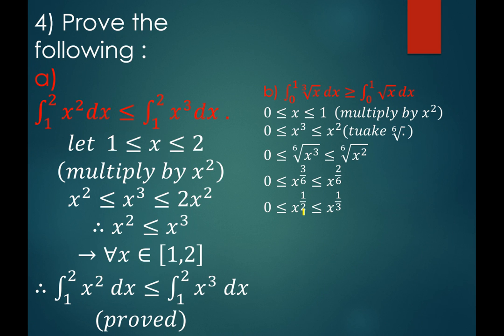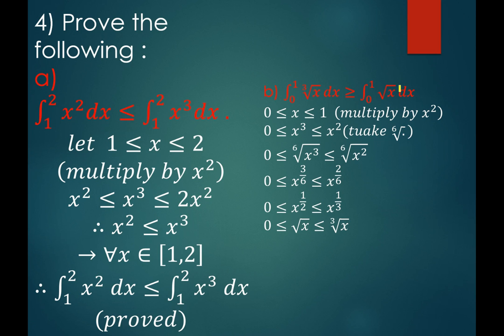And what is 1 over 2? It is the square root of x. And what is 1 over 3? It is the cube root of x. So you found that the square root of x is smaller than or equals to the cube root of x. That means this one is smaller than that one. And the cube root of x is bigger than the square root of x.